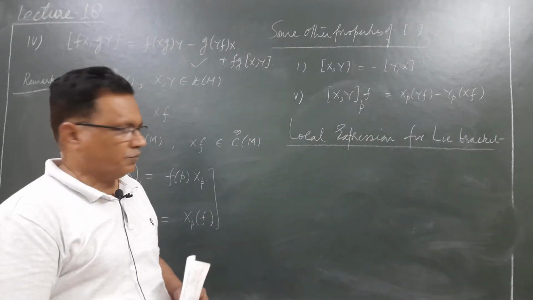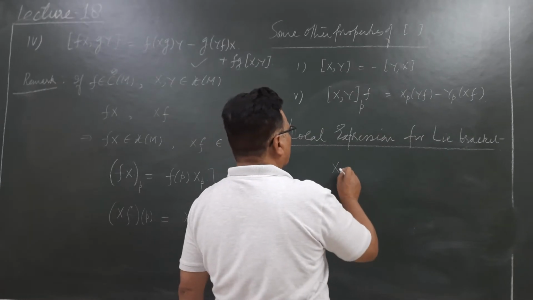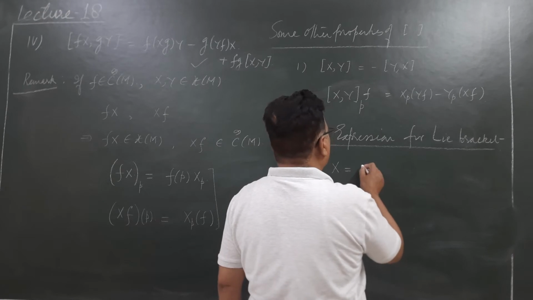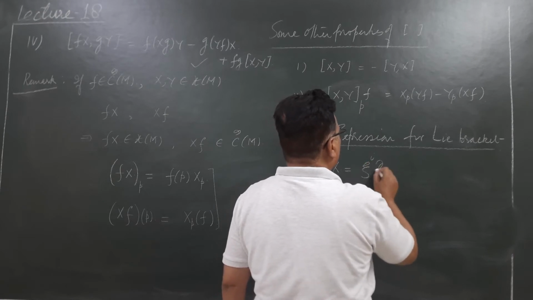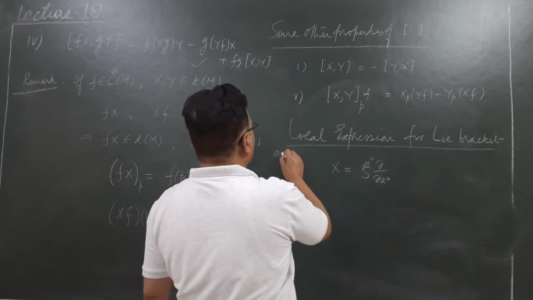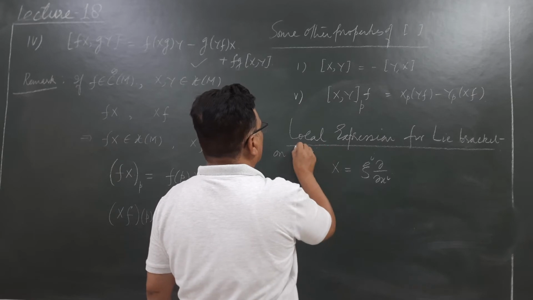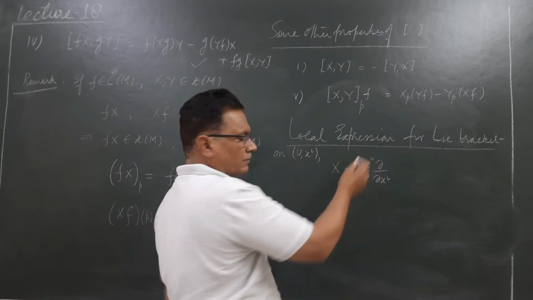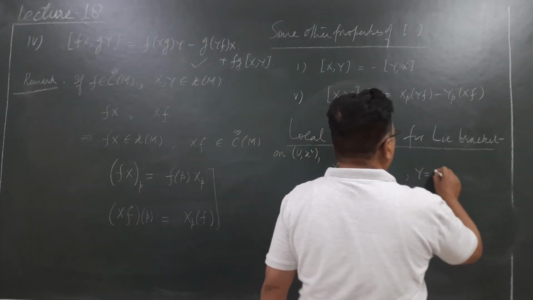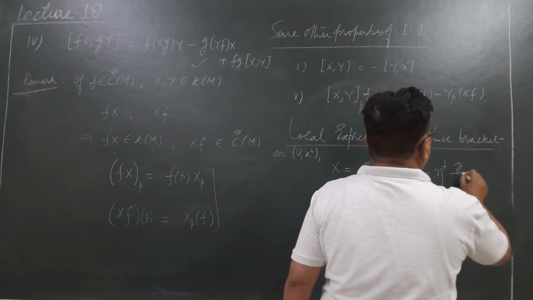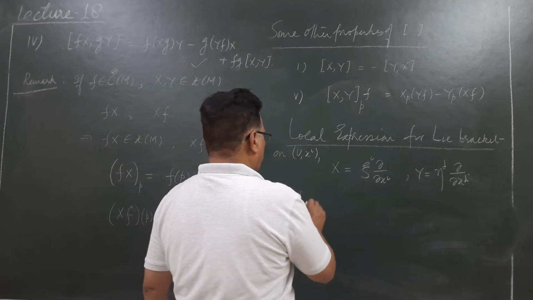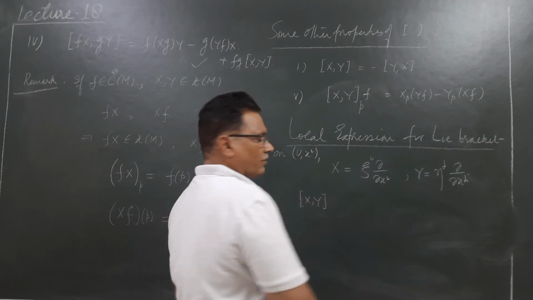Okay? Yes. Suppose you are considering a vector field locally. It is a global vector field, but I am looking at its expression on some coordinate neighborhood u, xi I del upon del xi. So on a coordinate neighborhood u, xi, a vector field is given by this. There is another vector field whose expression on the same coordinate neighborhood is eta j del upon del xj. Okay. I want to find out the local expression for Lie bracket xy.